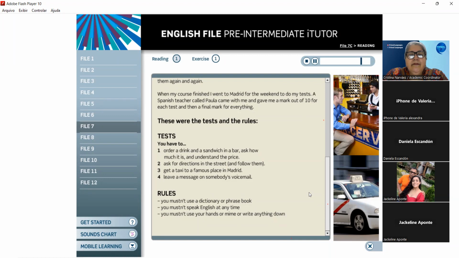Ask for directions in the street and follow them. 3. Get a taxi to a famous place in Madrid. 4. Leave a message on somebody's voicemail. Rules. You mustn't use a dictionary or phrasebook. You mustn't speak English at any time. You mustn't use your hands or mime or write anything down.